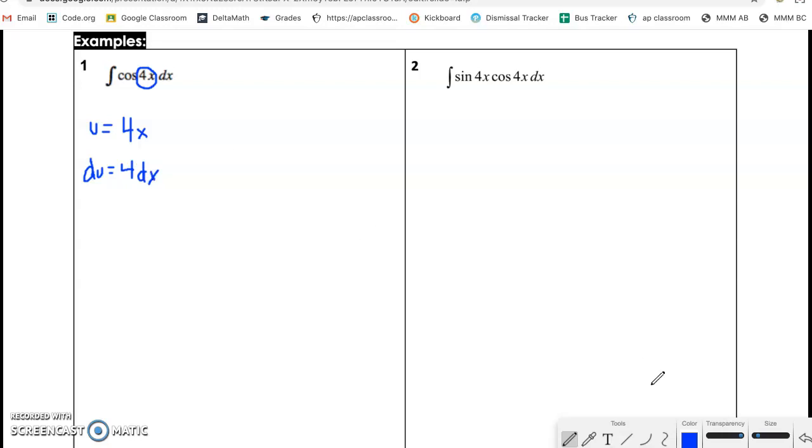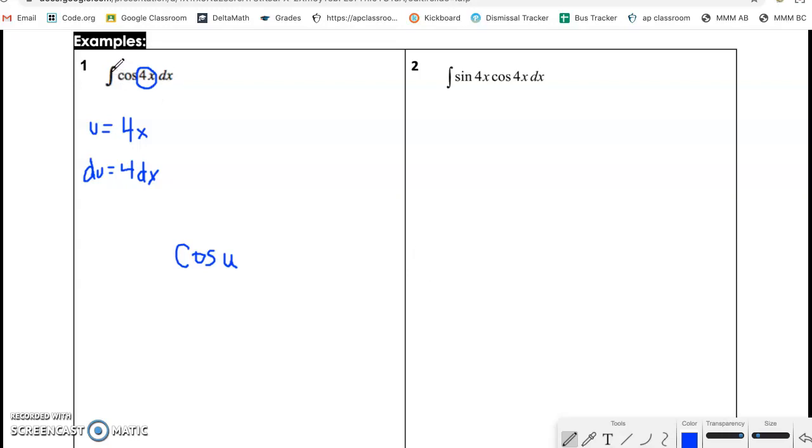So when I look at my expression, it's easy to replace this 4x, right? It's easy to just say cos of u, but we don't have a 4 multiplying the cos.